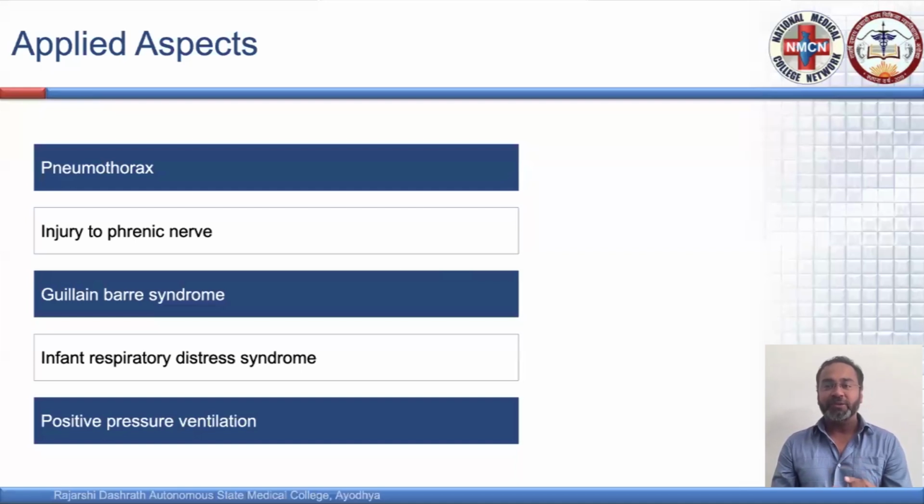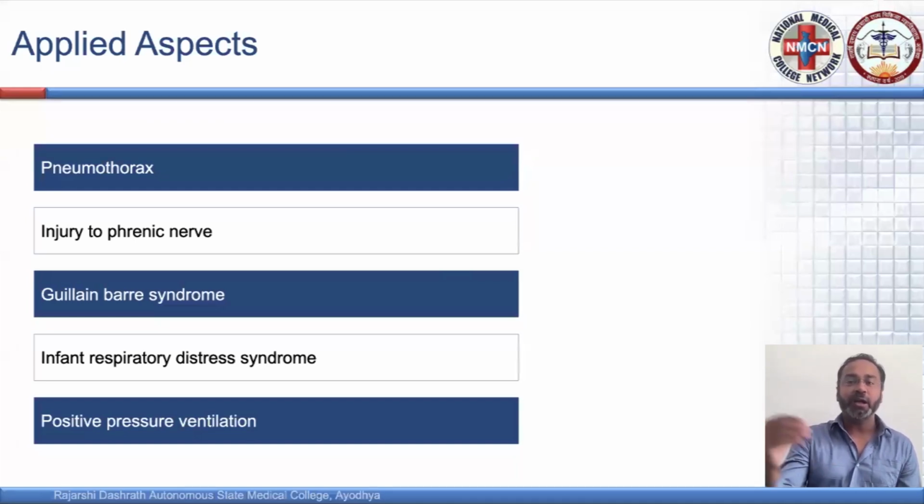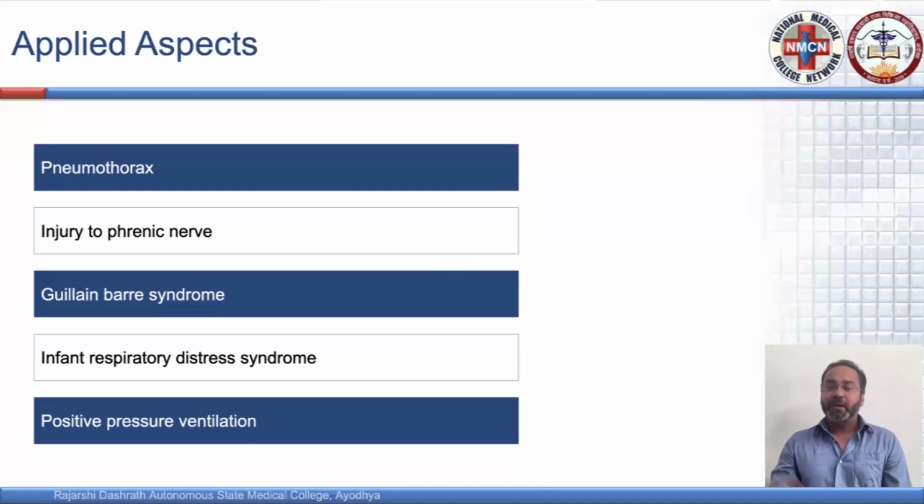Because the intrapleural pressure is negative and atmospheric pressure is 760 versus 756, air will start moving from the atmosphere into the intrapleural space. Because of this movement of air, there will be compression of the lung, and the lung will collapse and the chest will fill with air. This condition is called pneumothorax. This is a very important condition, and the patient can die because of the compression of the lungs.